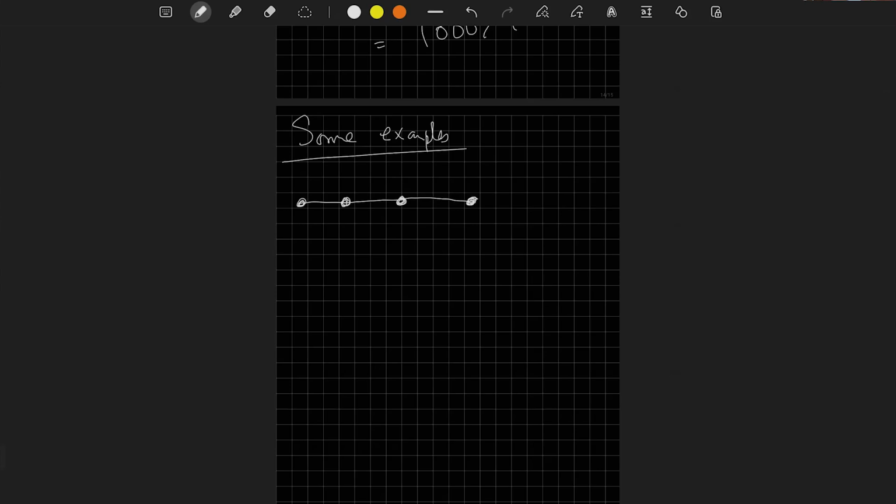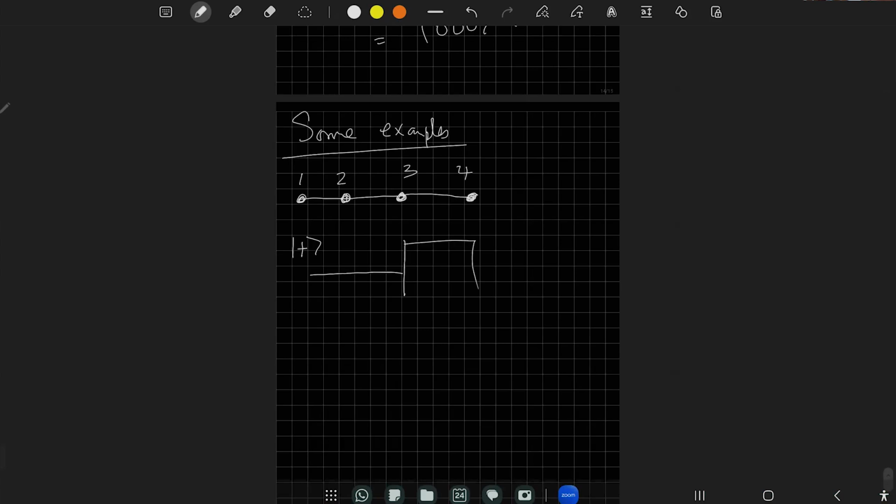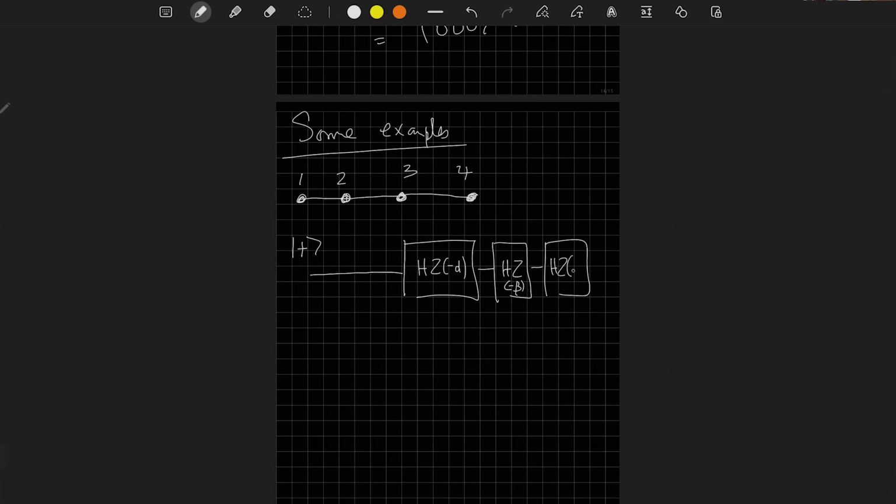Okay. So if alpha, beta, and gamma are the measurement bases for these 3 qubits, and time is progressing in this manner, then what you've really done is, let me also label 1 to 3, 4. What you've really done is you have applied this sequence of operations H, G minus alpha, H, G minus beta, H, G minus gamma to your state.